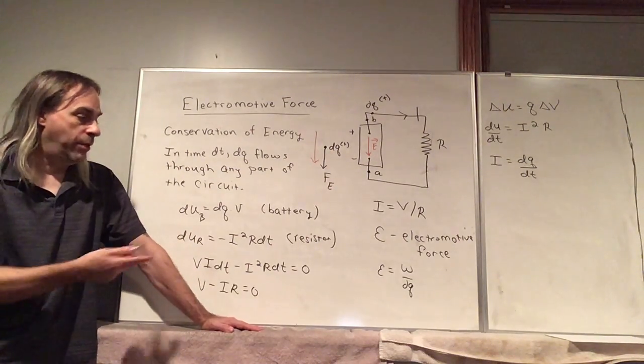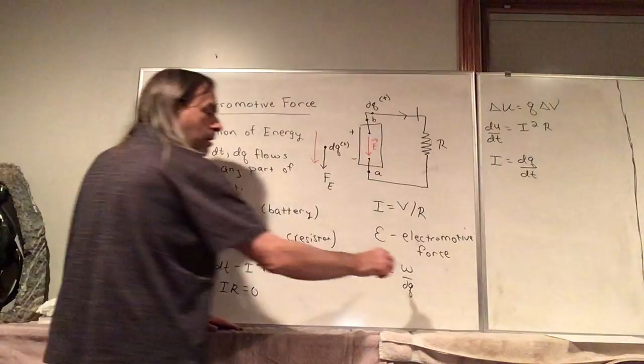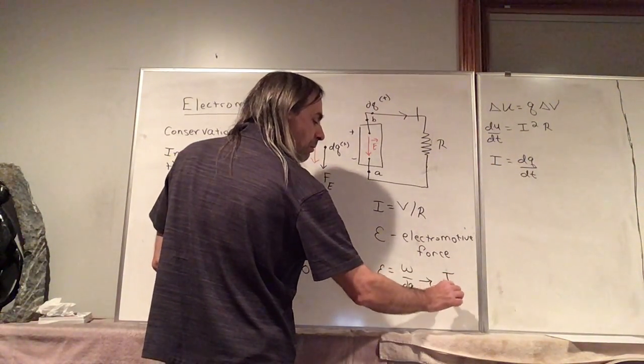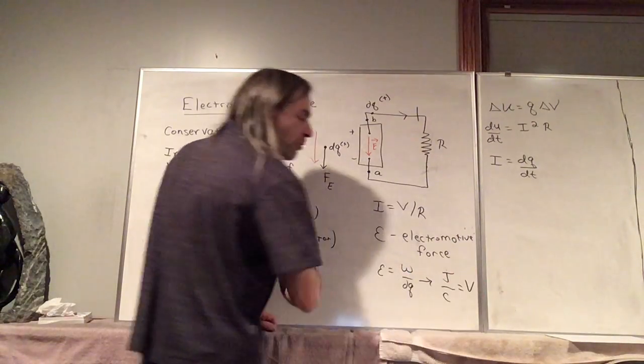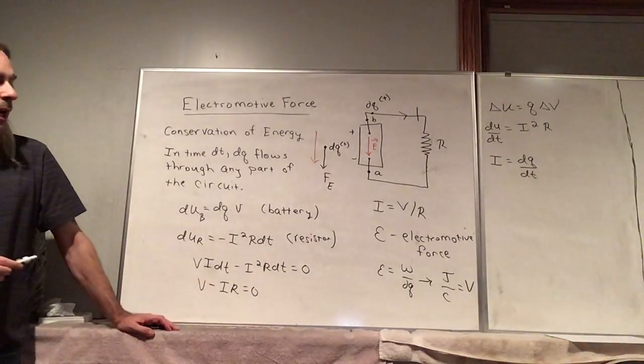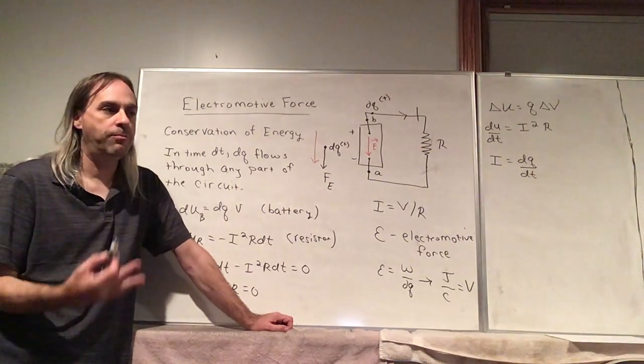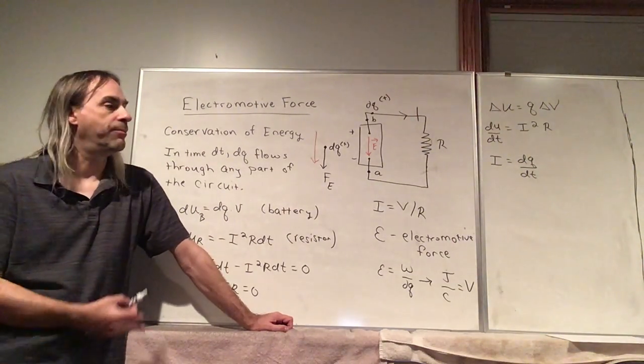You can see the units are joules over coulomb, which equals volts.